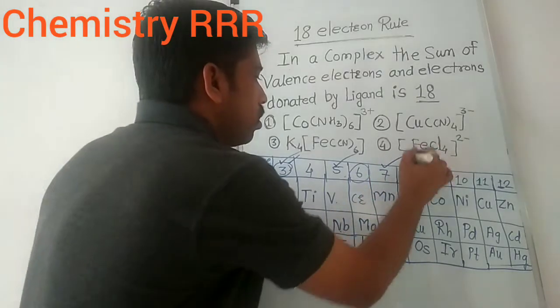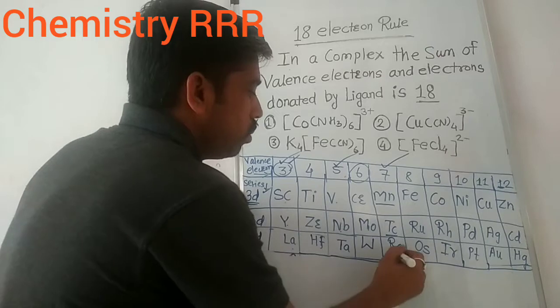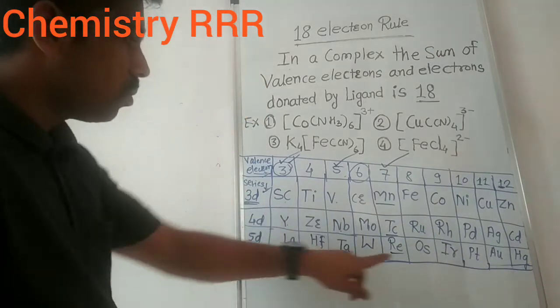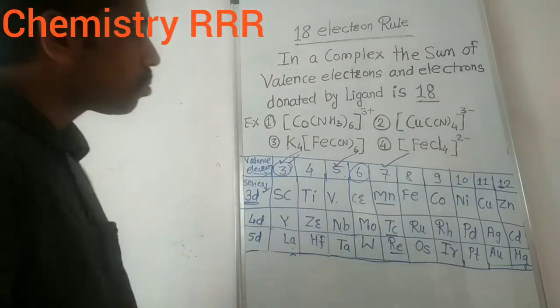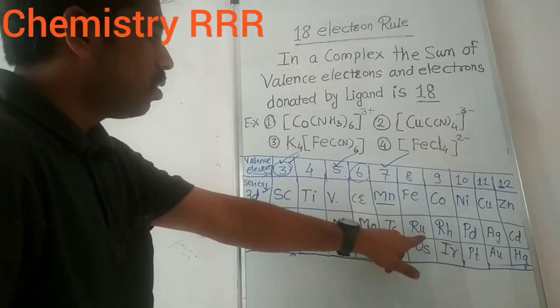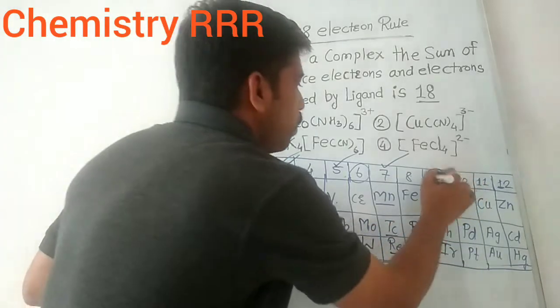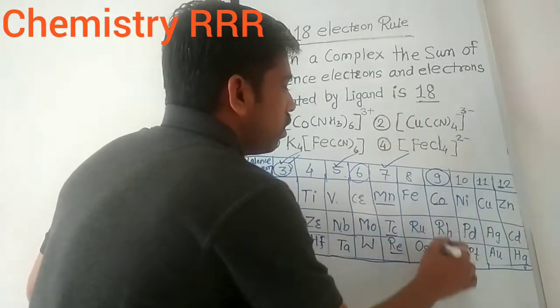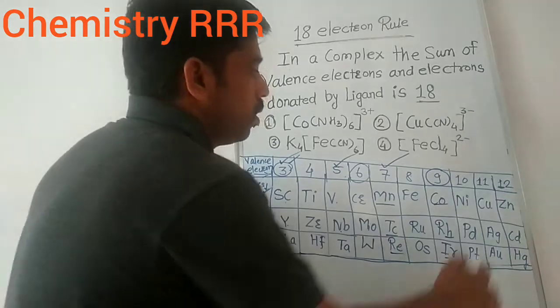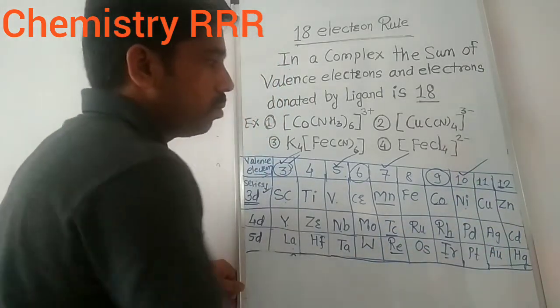Then 7 valence electrons for manganese, technetium and rhenium. Now 8 valence electrons are present in iron, ruthenium and osmium. Then 9 valence electrons are present in cobalt, rhodium and iridium. Then 10 valence electrons are present in nickel, palladium and platinum.